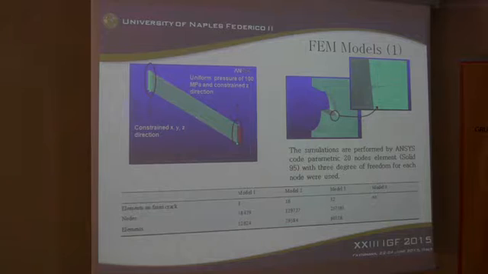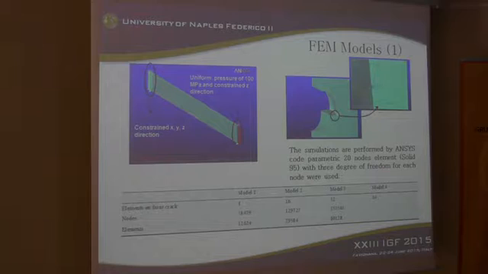As boundary conditions, the specimen was constrained in all directions on one side, and on the other side a uniform pressure of 100 megapascal was applied. Also, the z direction was constrained to avoid out-of-plane motion.